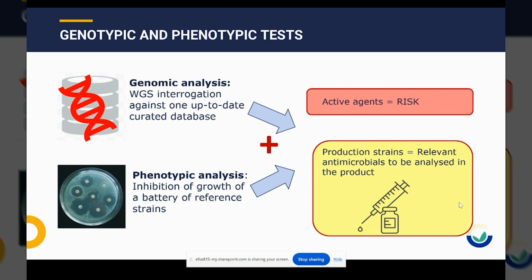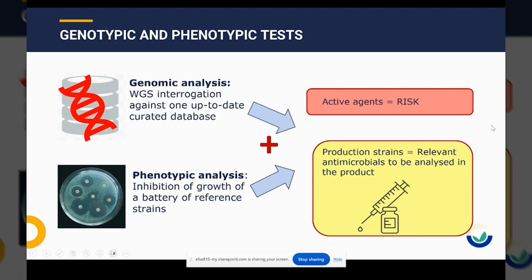To study antimicrobial production, a combination of genomic and phenotypic analysis is required. In this case, one is not conditional to the other, so both analyses are required. The first one is an interrogation of the whole genome sequence against at least one up-to-date database, looking for clusters of genes involved in the synthesis of antimicrobial substances.